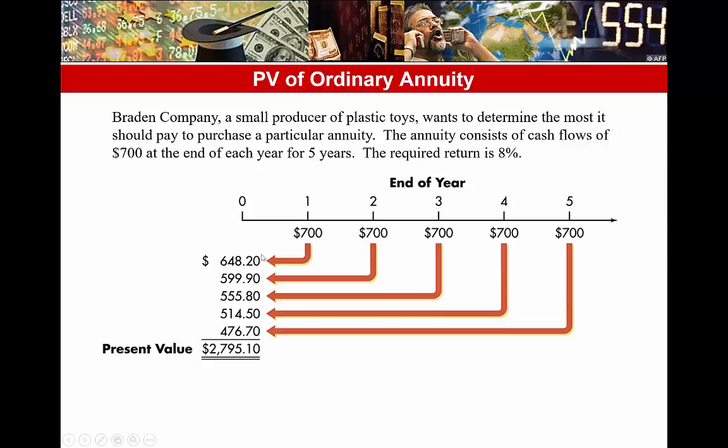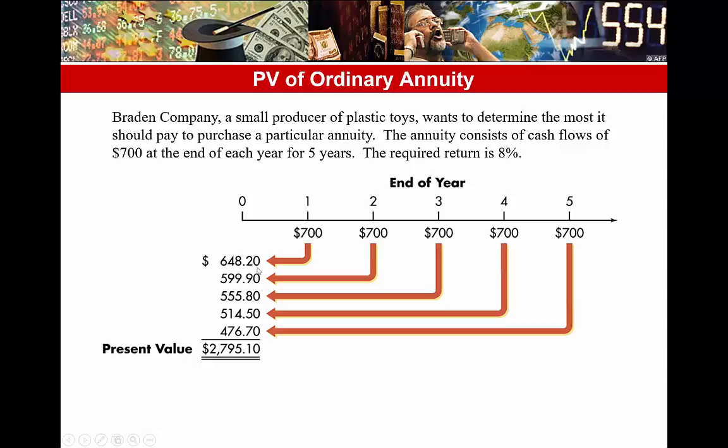So the minimum amount that the company would accept for $700 that is going to be received 1 year from now would be $648.27. If the company had this amount, it could earn 8% interest and it would go up to $700.